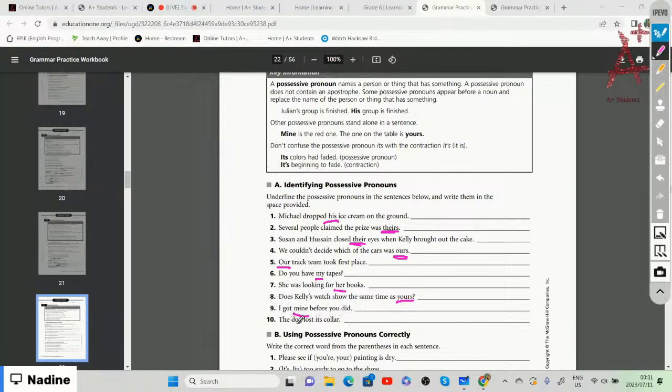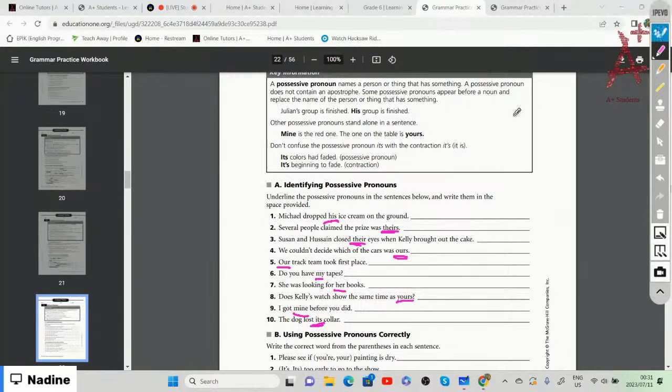We need to choose the correct possessive pronoun, and its is correct, without the contraction. Instead of saying the dog lost his collar, we say its collar, because it's referring to an animal.